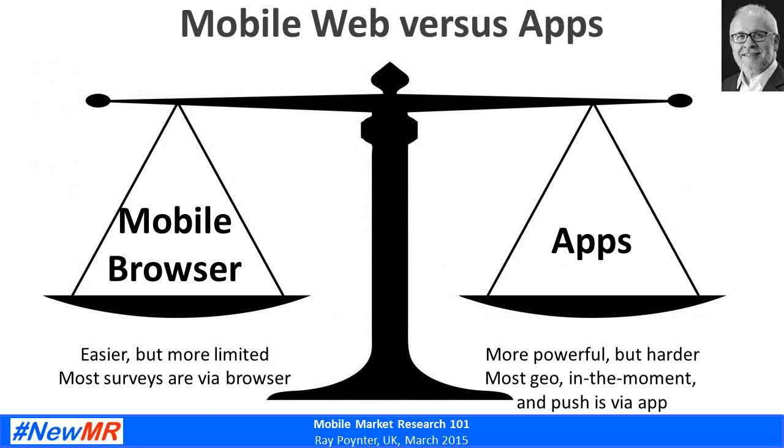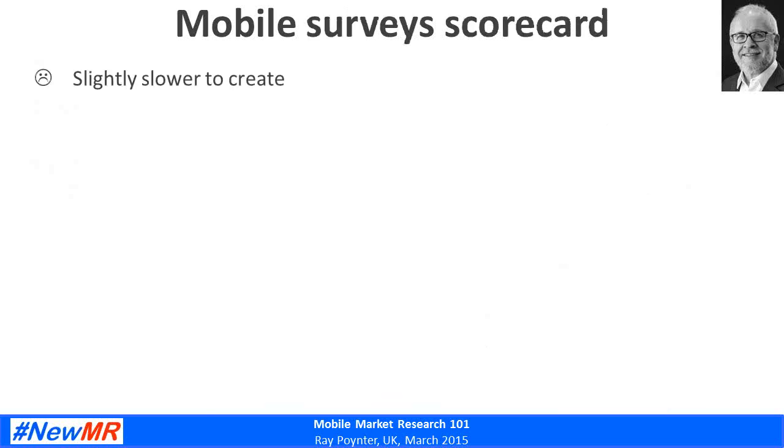Most geo-related work, so geo-tracking, geolocation, geofencing, most in-the-moment research, and most push research is done via an app. So pretty much all of the cutting edge, all of the really sexy stuff is done by apps. But the majority of stuff is done via the mobile browser.